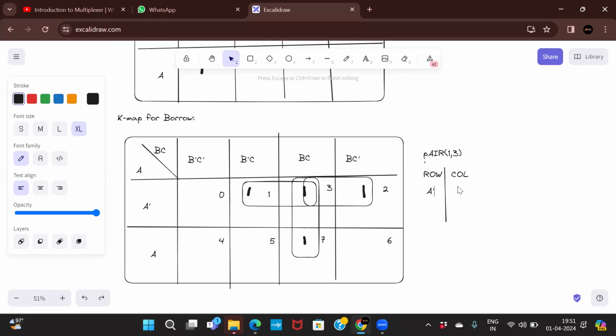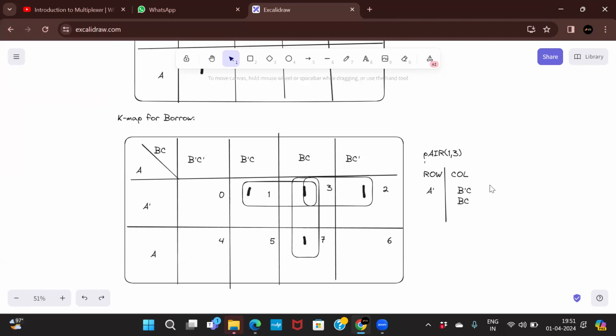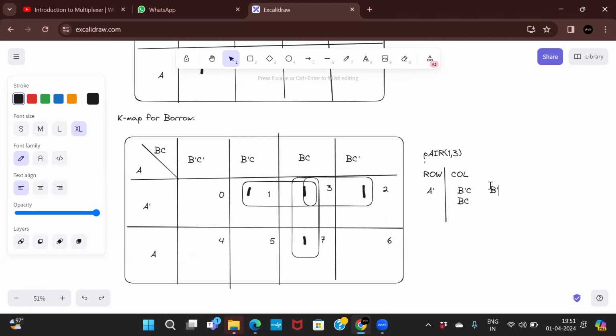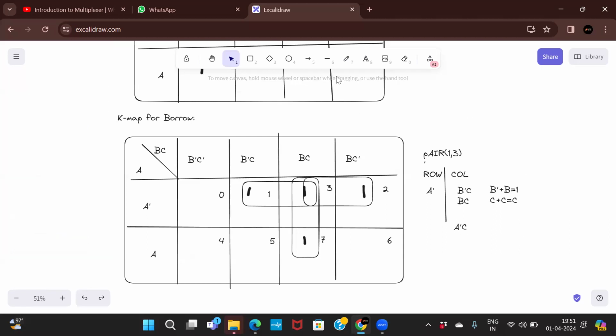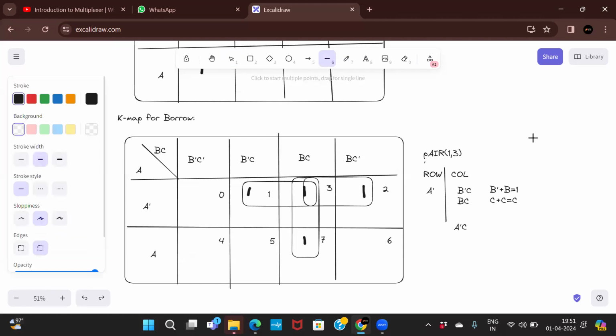And we have two columns, B bar C and B C. Now you know that B bar plus B equals 1. Similarly C bar plus C equals 1. So what will be the output? A bar C. Okay, this is one.